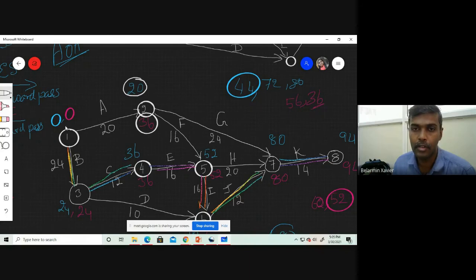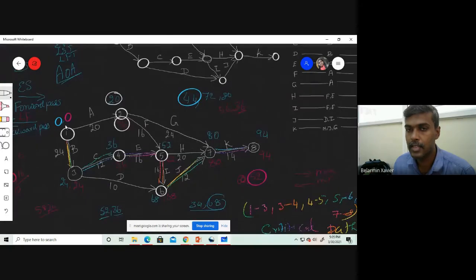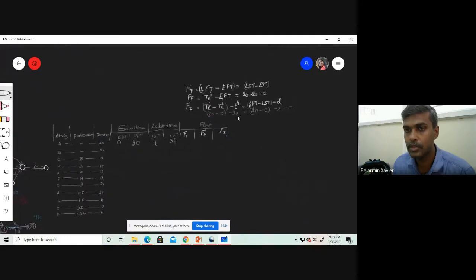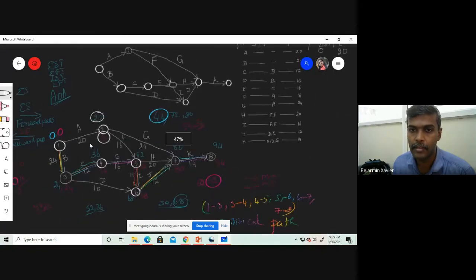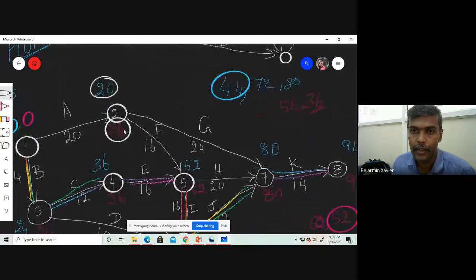And if you go for earliest starting and latest starting, earliest starting is 0 and latest starting time is, we know the latest finishing time is 36, 36 minus duration 20.